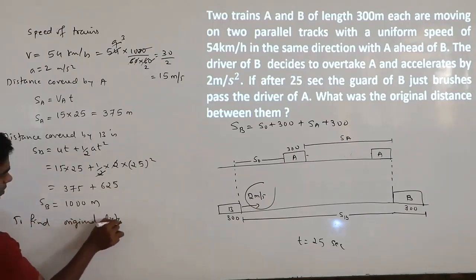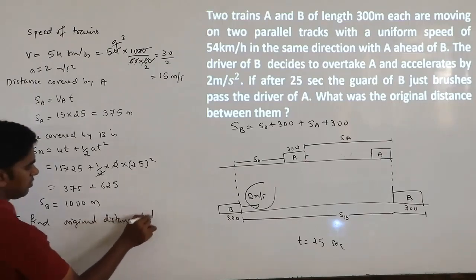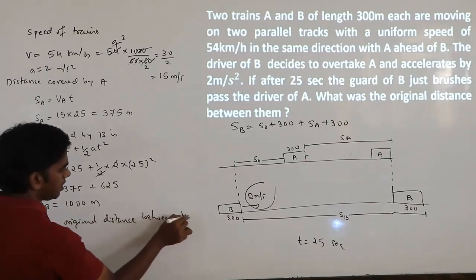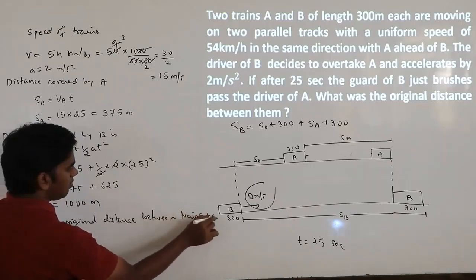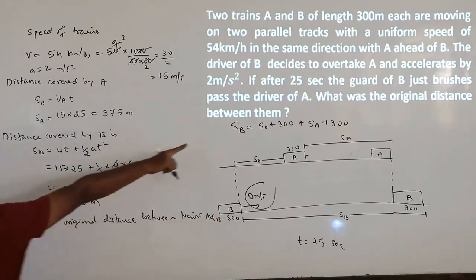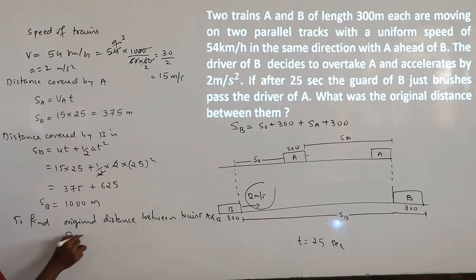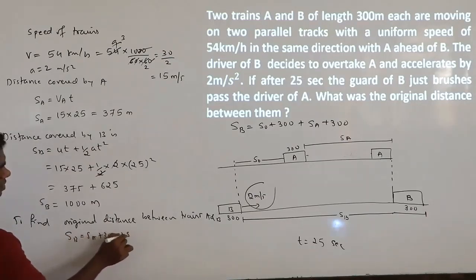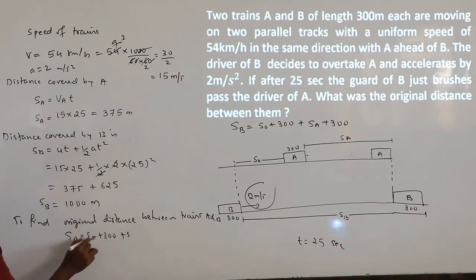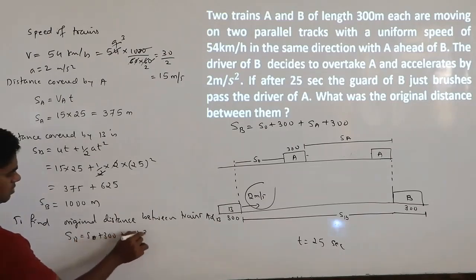Now use that to find the original distance between trains A and B. What you have to use is SB equals S0 plus 300 plus SA plus 300.